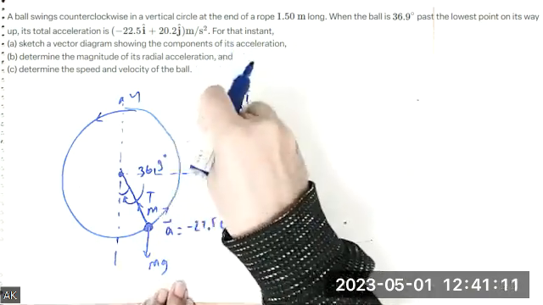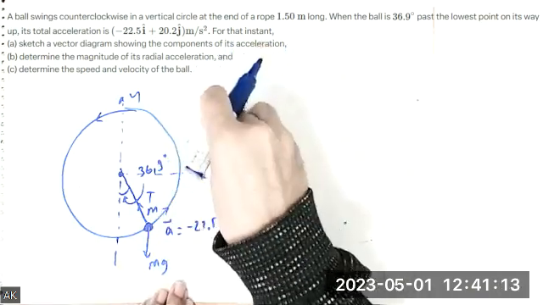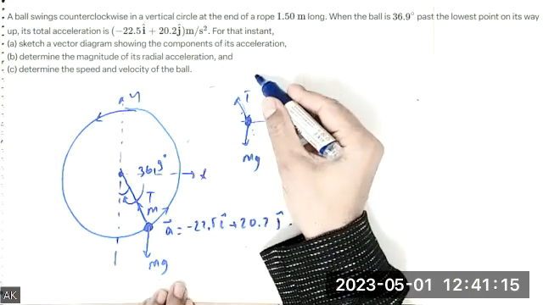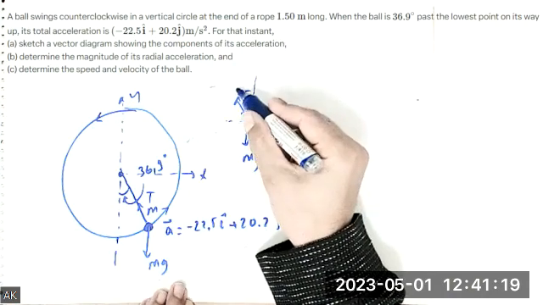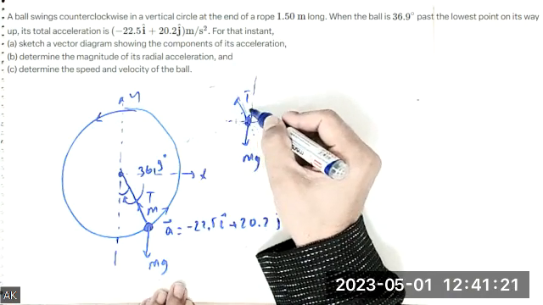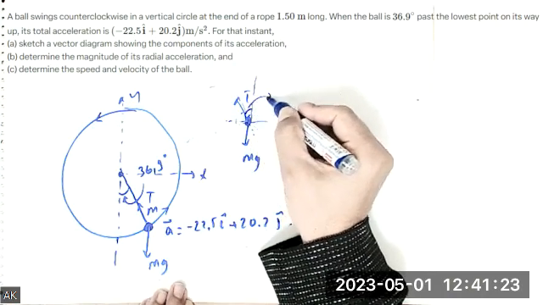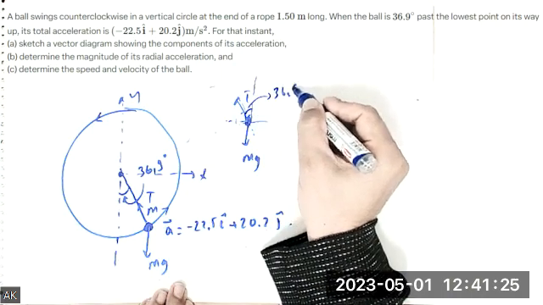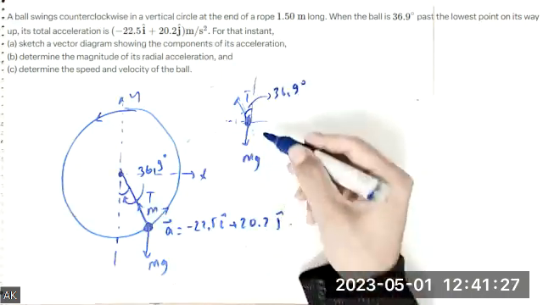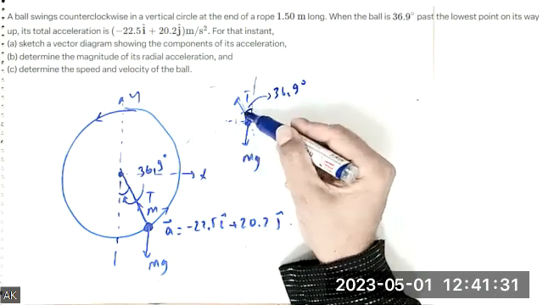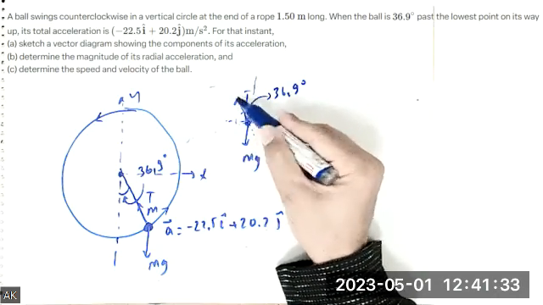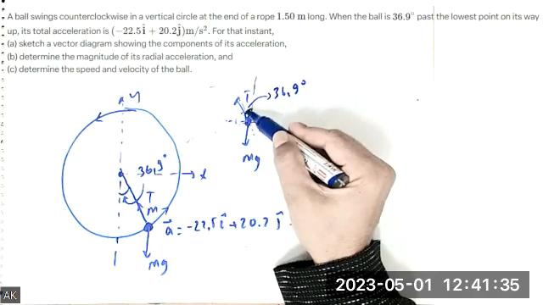Let's put this angle over here. This is the vertical line. Yeah, this is the angle, which is 36.9 degrees. And mg is right down on the vertical axis. T is toward this direction, and the angle is given.